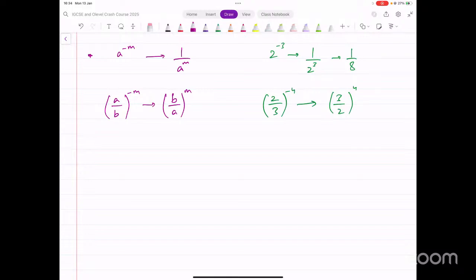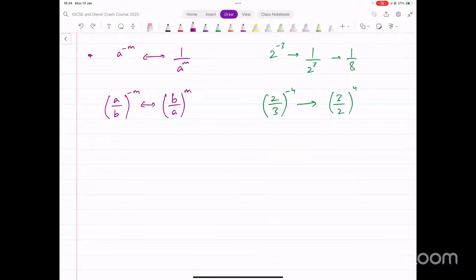Although both are correct, you should know how to go from one form to the other. Okay, this also works both ways. If you have 1 over a raised to power m, you can write this as a negative power. If you have b over a whole power m, again, you can write this as a negative power like this as well. So all of these rules that we learned for indices, they work in both directions.